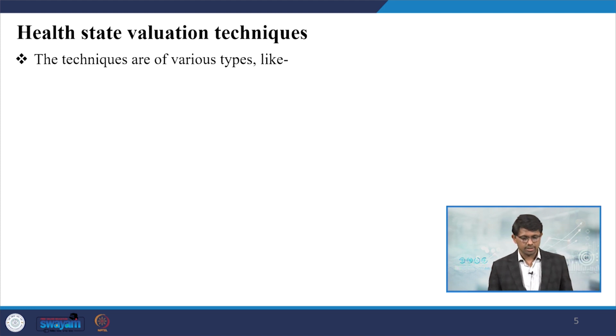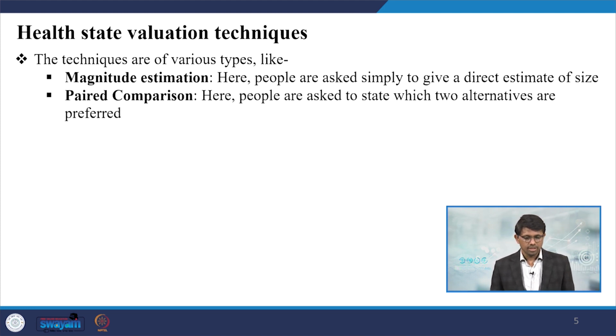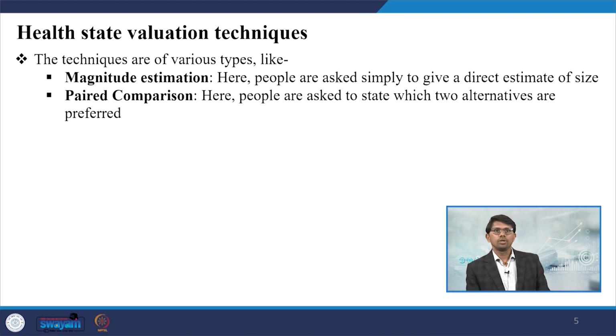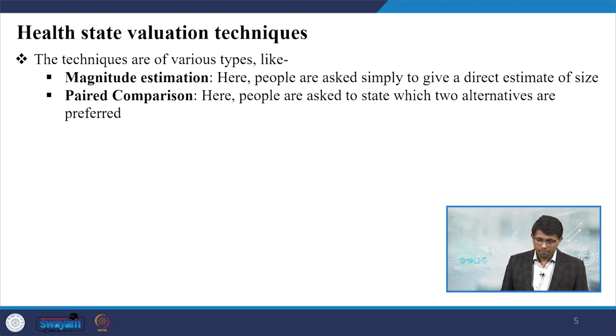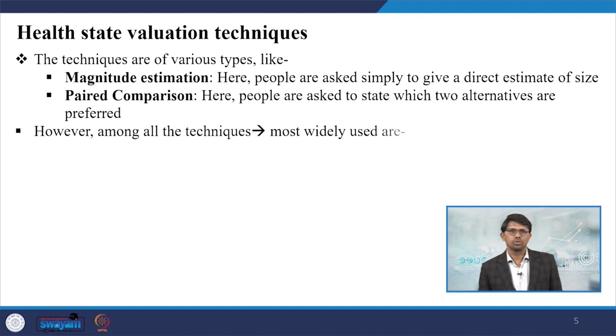These techniques are of various types, like magnitude estimation, and then paired comparison. In the magnitude estimation case, people are asked simply to give a direct estimation of size, whereas in the pair comparison we take the alternatives and find out the most preferred one.